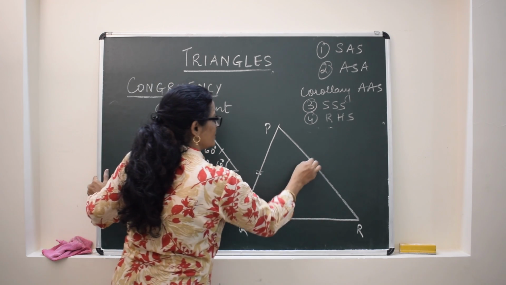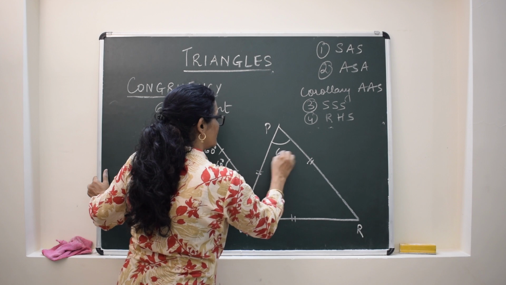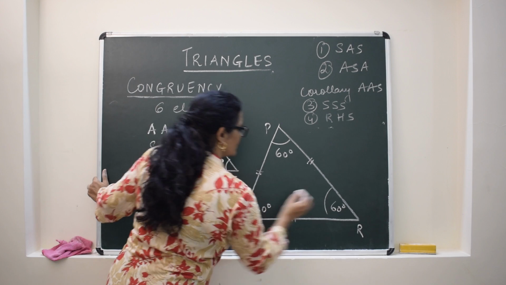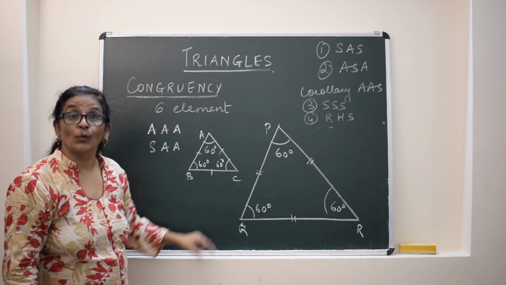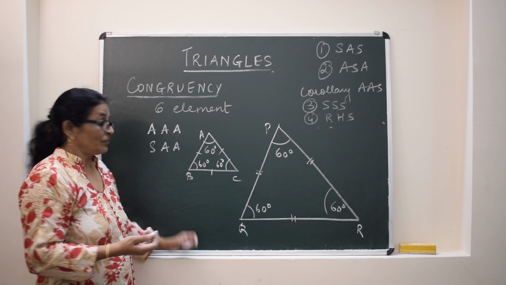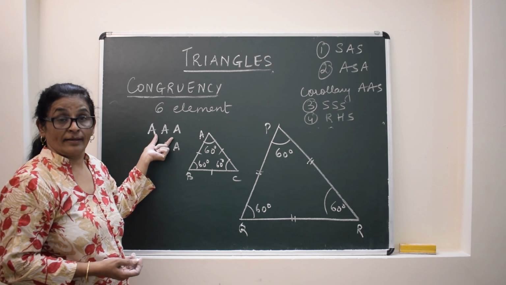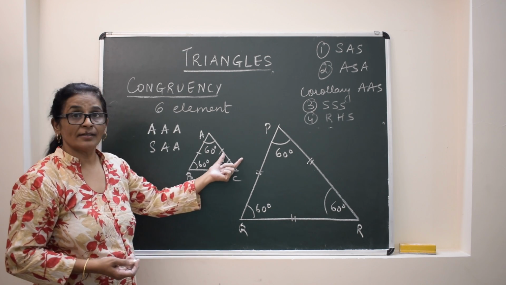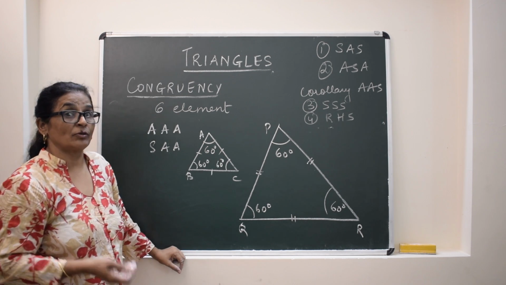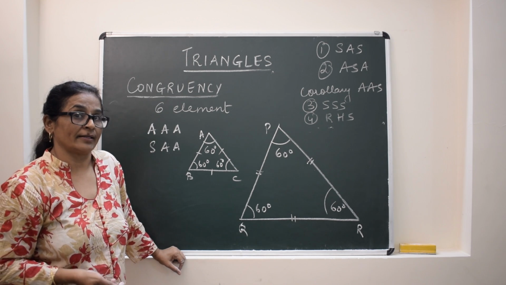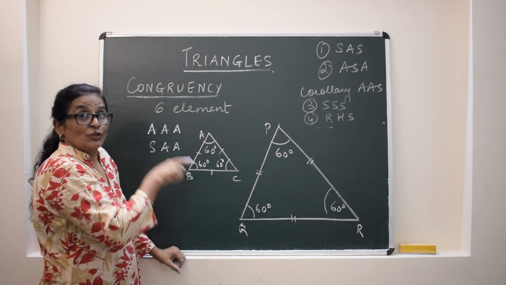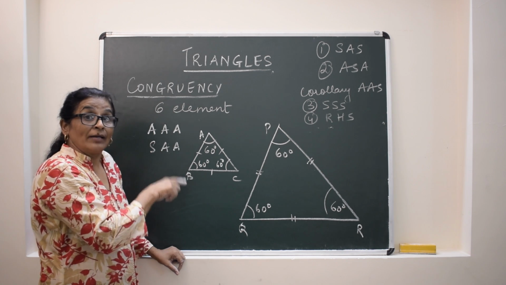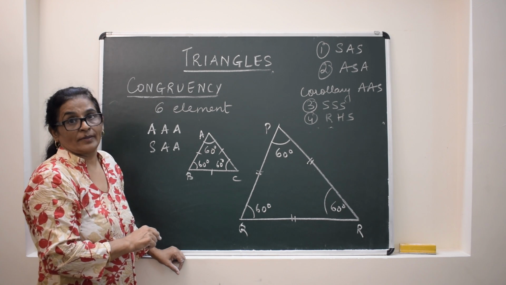Here also, since it is an equilateral triangle, are they congruent? No. So congruency cannot be proved by AAA. So these are also 3 elements, but it will not give us the congruency. Later we will discuss about similarity when we will do the similar triangles. Then they are similar. So 2 equilateral triangles which are equiangular also can be similar but may not be congruent.